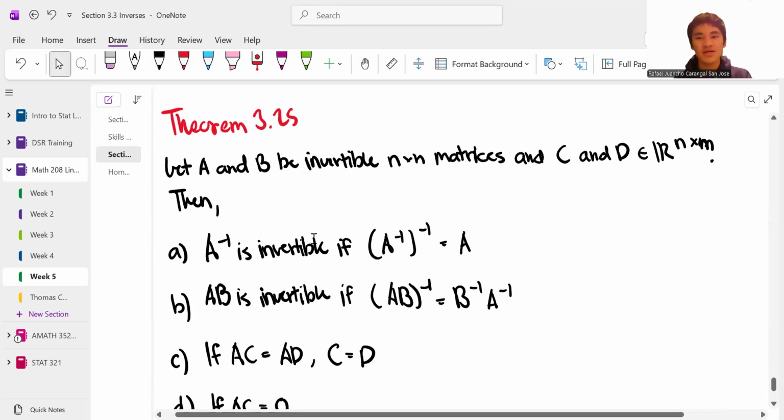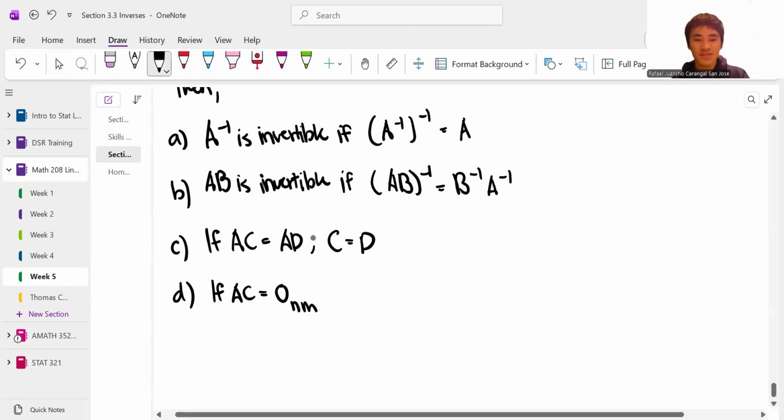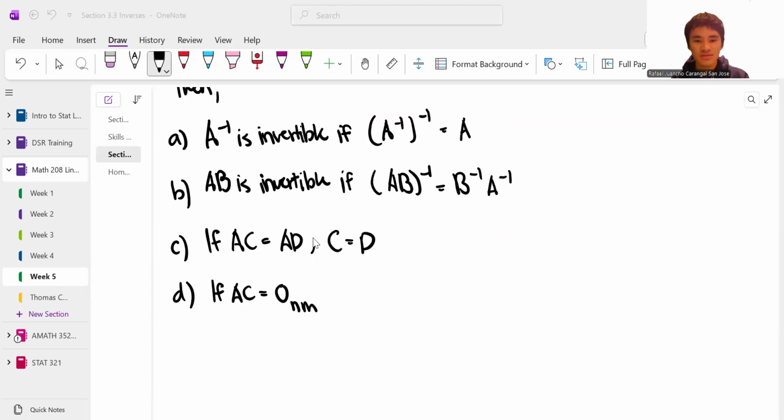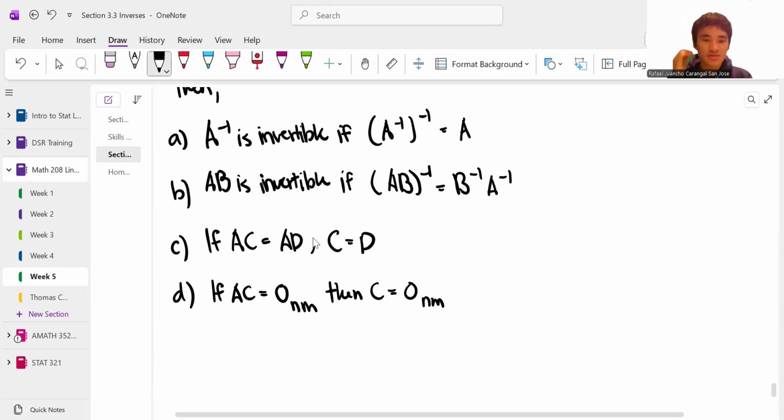C is an n by m, A is an n by n. So we're going to say n by m, because C has m columns. M as in me. Then C is that same zero matrix, 0 of n by m.